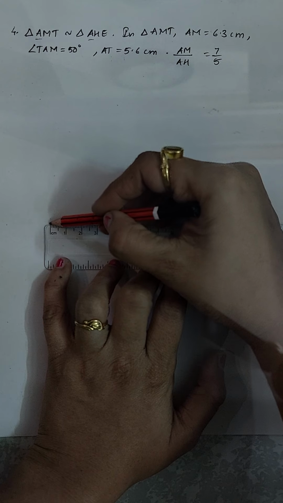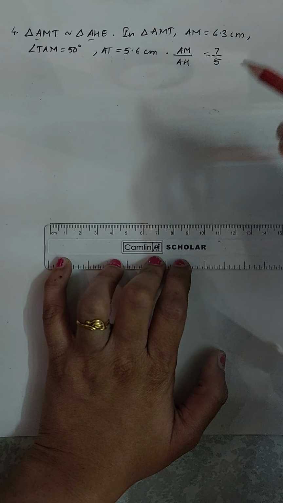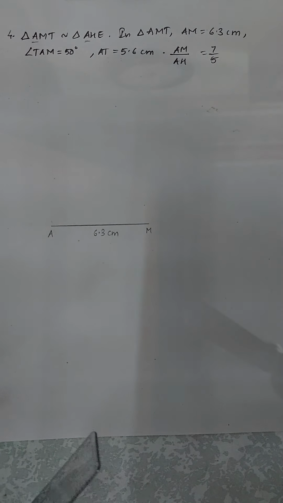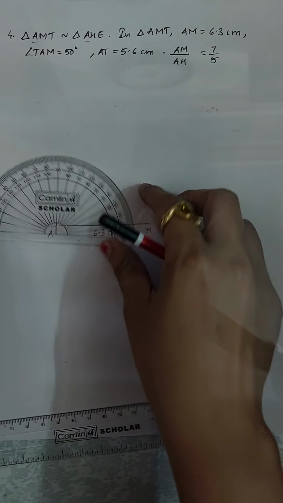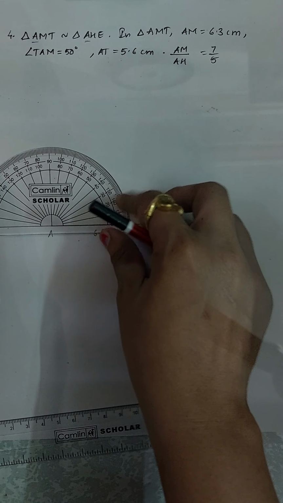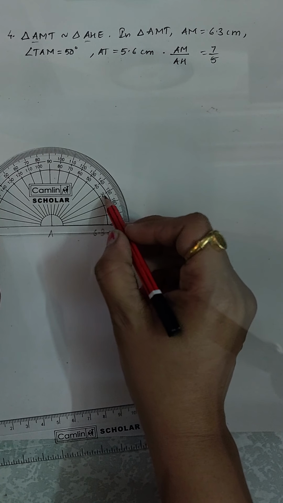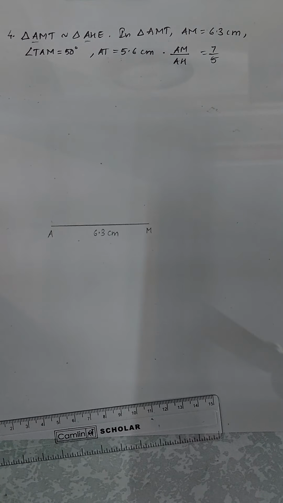So this is my base 6.3. Then I will draw an angle TAM. As you can see, angle TAM is 50 degrees. So I'm going to place this here at A and 50 degrees. The segment is on this side, so 0, 10, 20, 30, 40 and 50. Okay, so I'm going to draw an angle here.